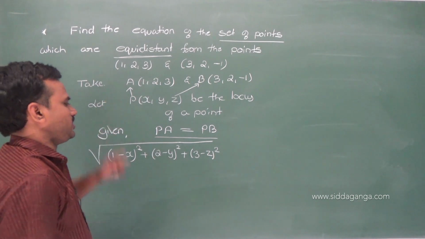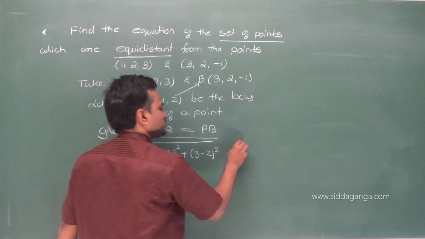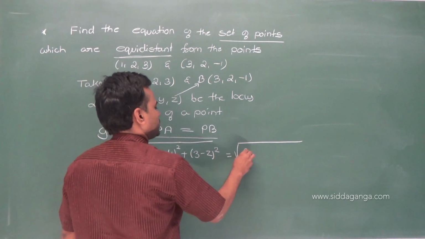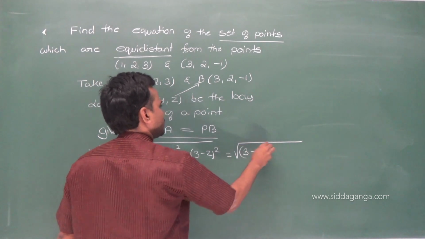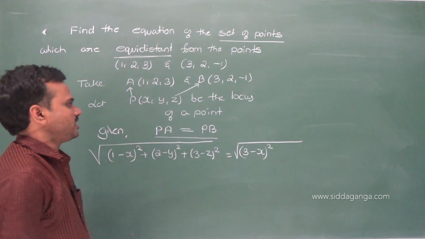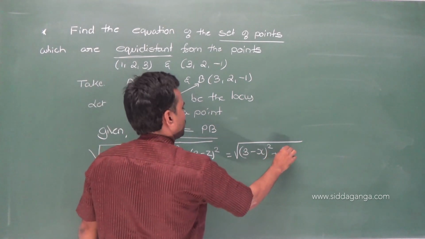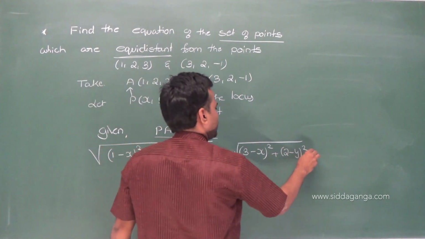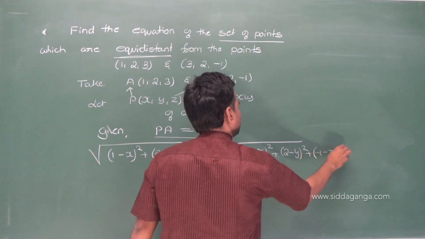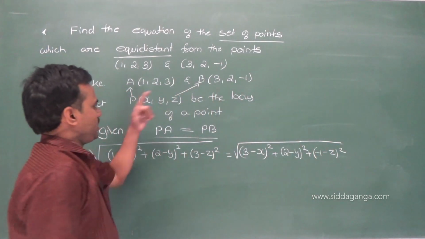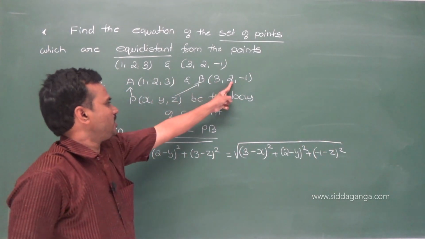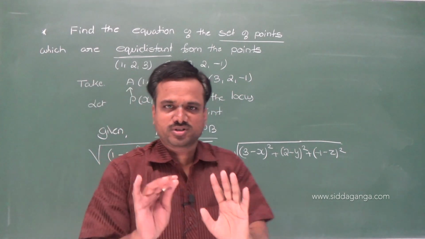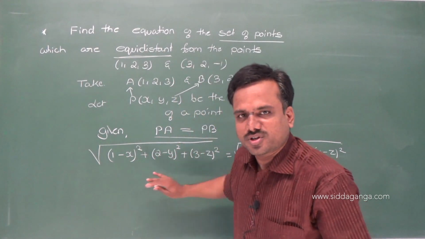Distance from P to A is equal to distance from P to B: square root of (3 minus x) whole square plus (2 minus y) whole square plus (minus 1 minus z) whole square. Observe here, x2 minus x1, y2 minus y1, z2 minus z1, correct? So using the formula we substitute the values.